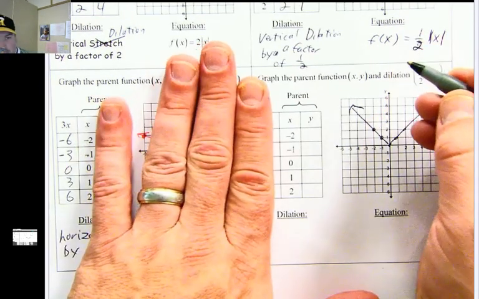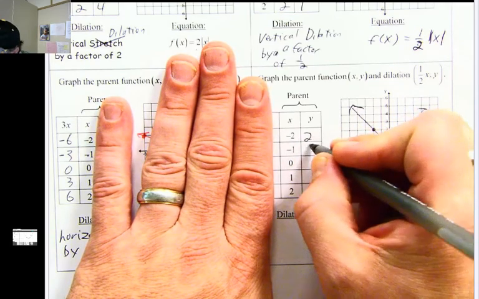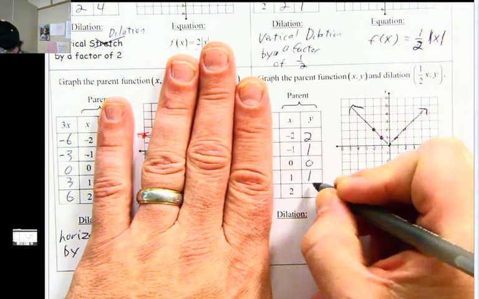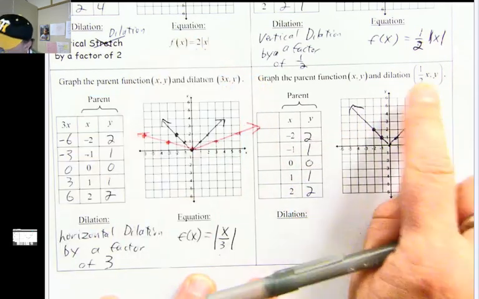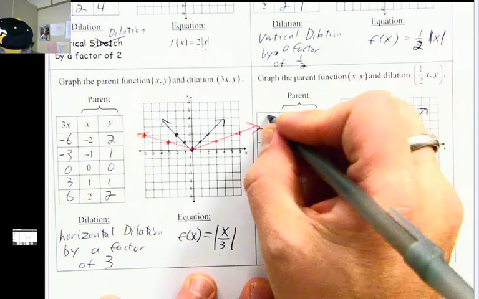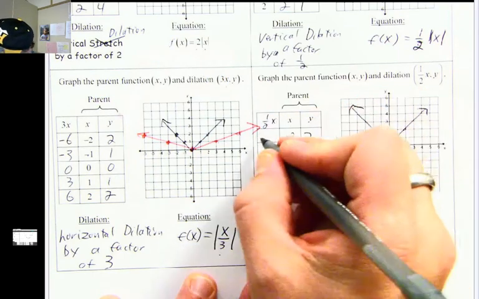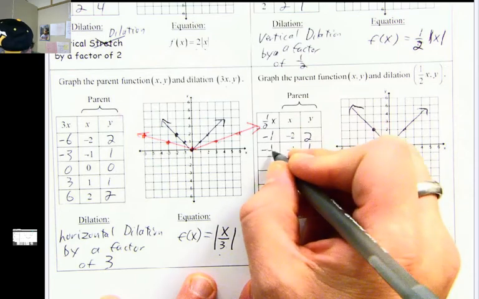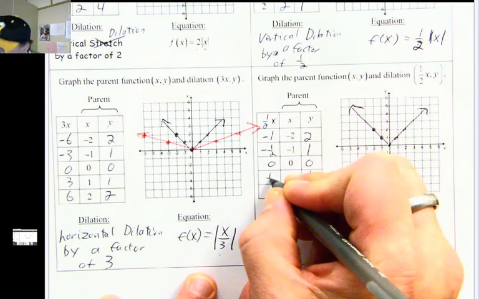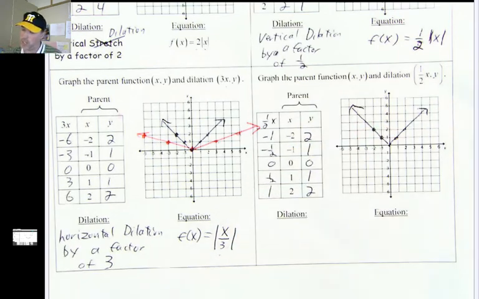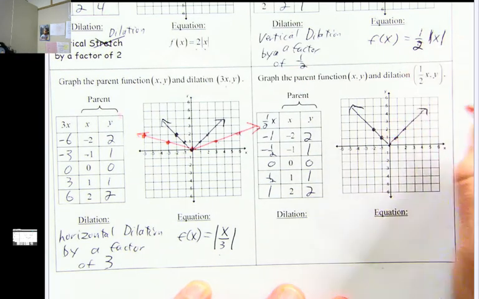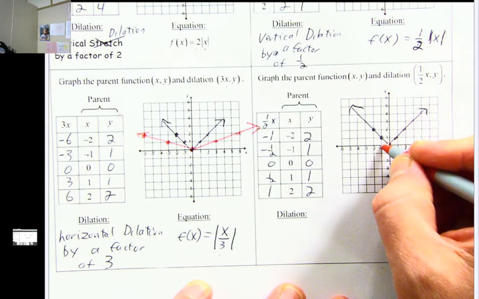Last one, parent function. I still have -2, 2, -1, 1, 0, 0, 1, 1, and 2, 2. But this time we're multiplying the x-coordinates by 1/2. So that would make this a -1, a -1/2, a 0, a +1/2, and a 1. And if we graphed all those points, I have -1, 2.